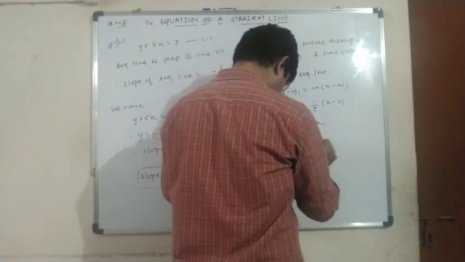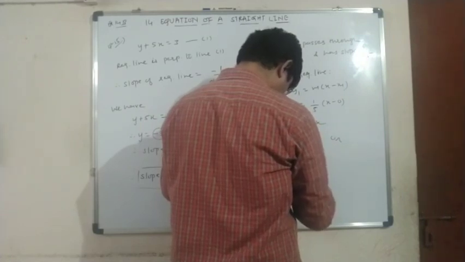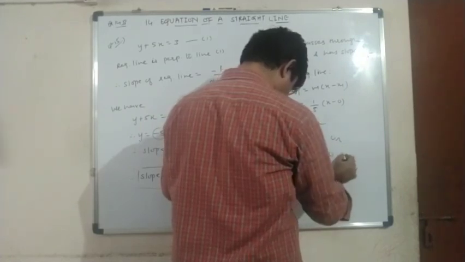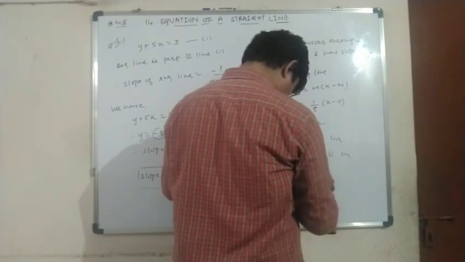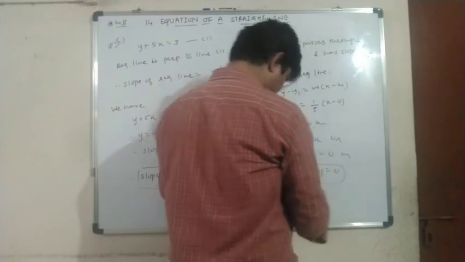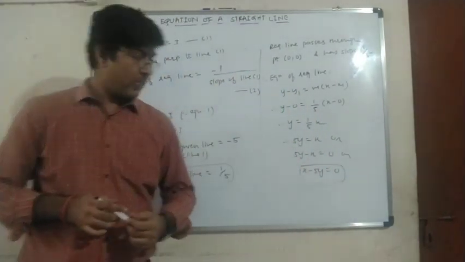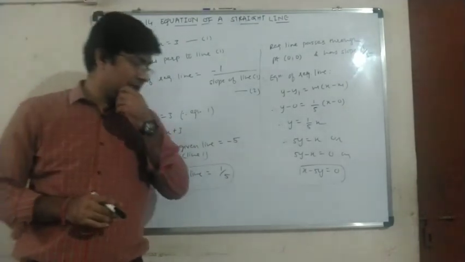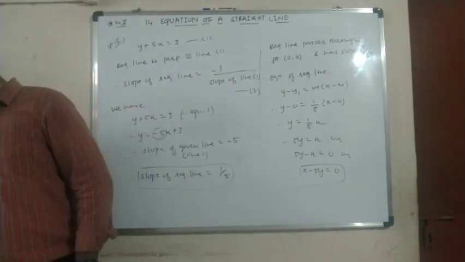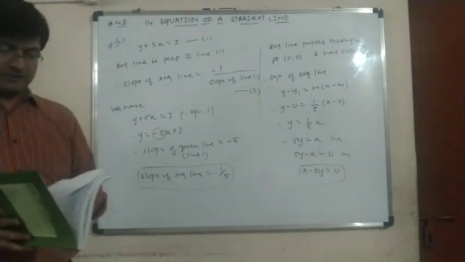Therefore 5y is equal to x, or 5y minus x is equal to 0, or x minus 5y is equal to 0. You can write it in any way. All the three answers are right only. Clear? So we got the final answer to be x minus 5y is equal to 0. This is the equation of the required line.